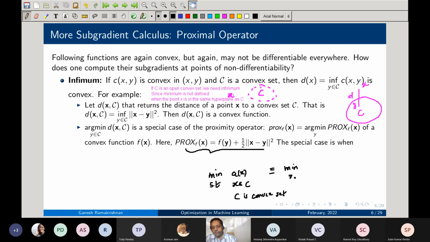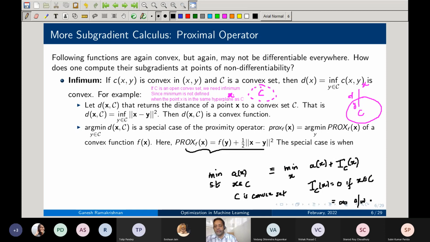Okay, this can be written as the same as saying min over x of f(x) plus an indicator function over C of x, where this I_C(x) is 0 if x is in that set C, and let's say is infinity otherwise.